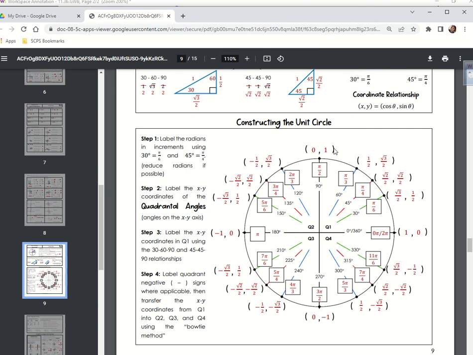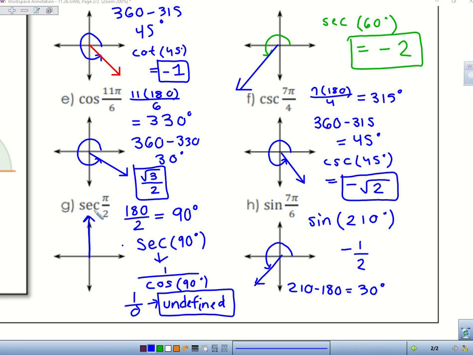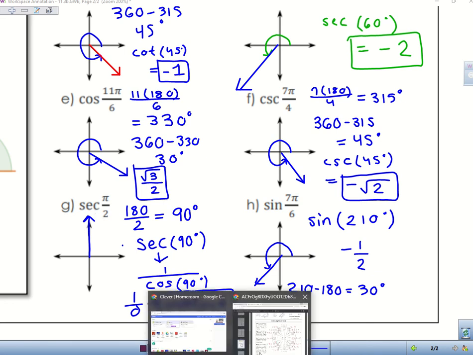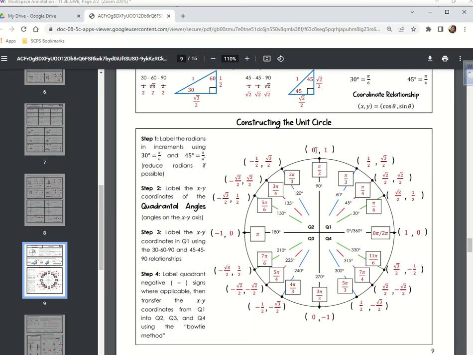What do we know about the coordinates? How are they represented by sine and cosine? X is cosine, y is sine, right? So what is secant the reciprocal of? Cosine. Looking at this chart, cosine of 90 is 0, correct?